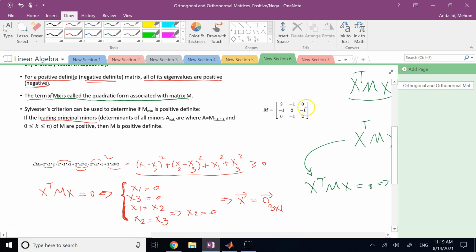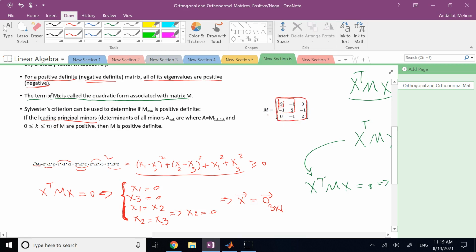It cannot be a 2 by 3 or something, it has to be n by n. And then the way that you find them is the first one is going to be element 1, 1. Determinant of that, the next one is going to be element 1, 2. And the last one is going to be the whole matrix, really.